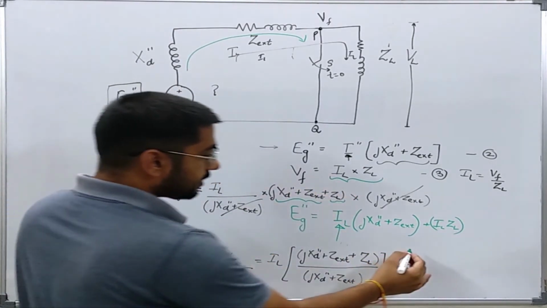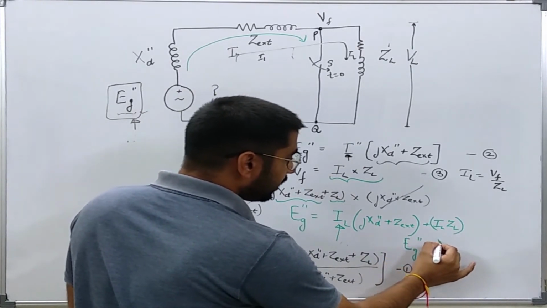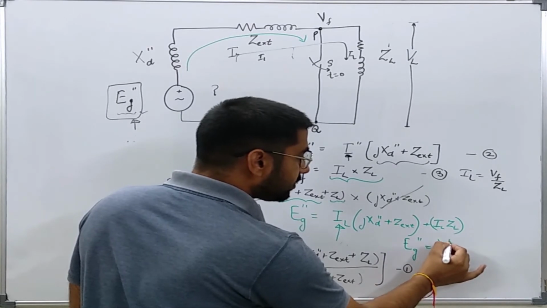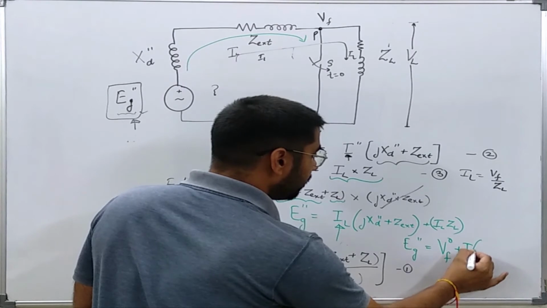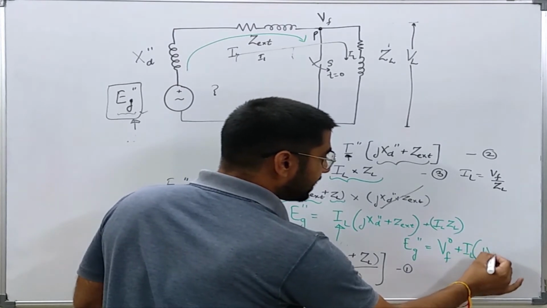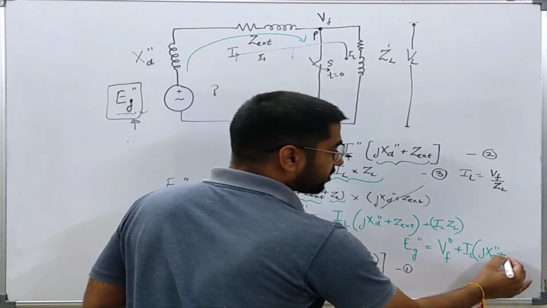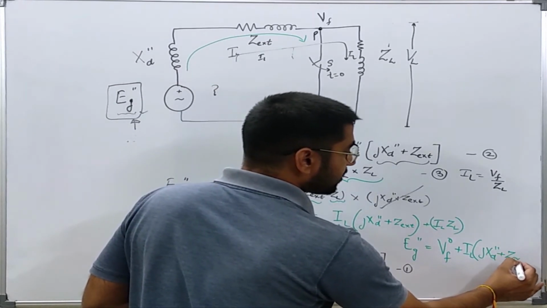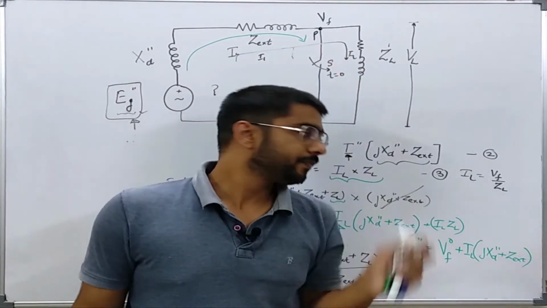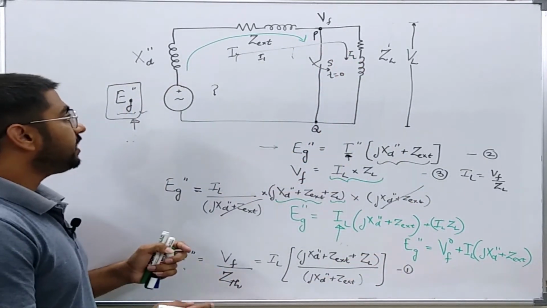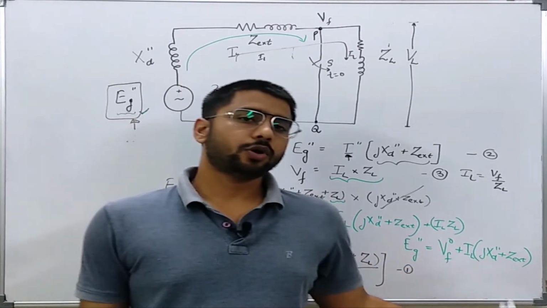So this EG double prime is nothing but the pre-fault voltage plus the load current into the sub-transient reactance offered by the generator and any external impedance connected between the generator and the fault point. So you see that this generated voltage is clearly depending upon the load current.